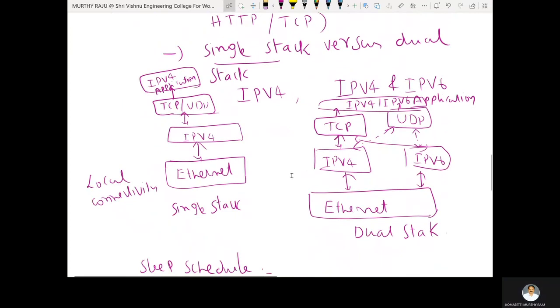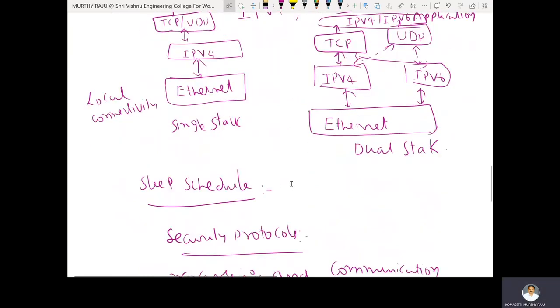Coming to sleep schedules. Suppose the node, which is nothing but a device or thing, whatever it may be, is involved in the communication. It loses some energy. Finally, the energy is not available to process the data, and that energy is not enough to involve that device in communication. At that instant, the device is in dead condition.